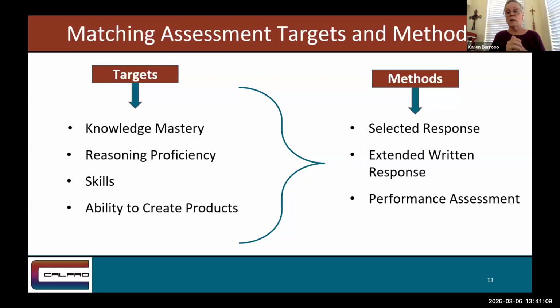In our course outline, after every unit, people give what we call an oral report about something they have learned in that unit. They prepare that and that's a performance, or it's a role play and that could be performance. So I think the most important thing is: what are you targeting for your CFAs and what's the method?